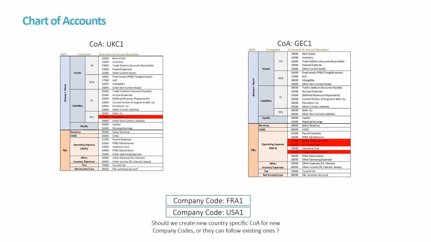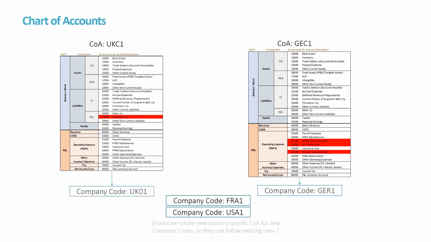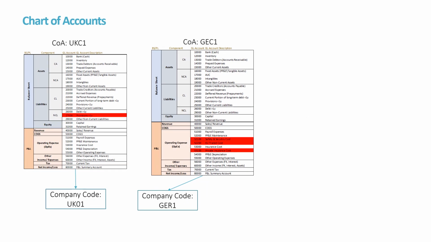But what happens when a new branch is established, say in France and the United States? How do we determine whether we can utilize an existing chart of accounts for new company codes or if we need to create new country-specific ones? This question is typically answered by our experts who have a deep understanding of the accounting process, policies, and standards used for new and existing company codes.